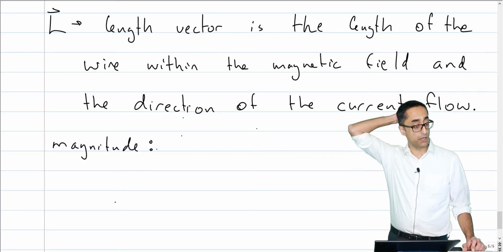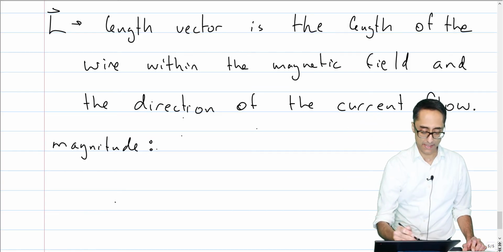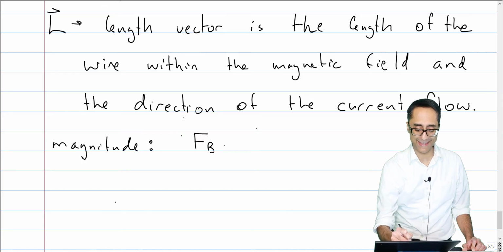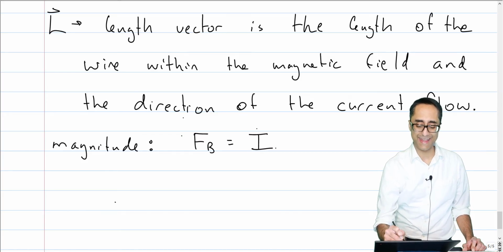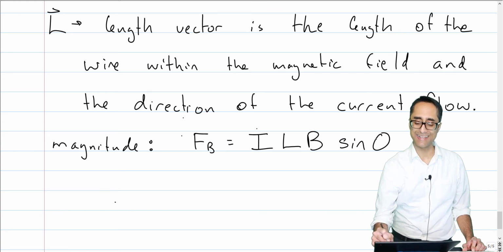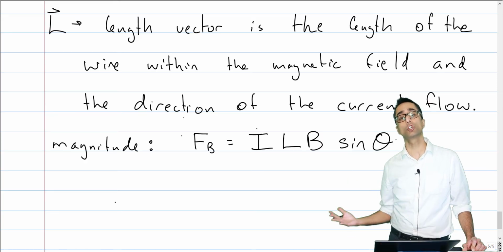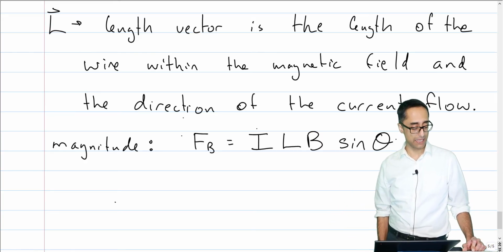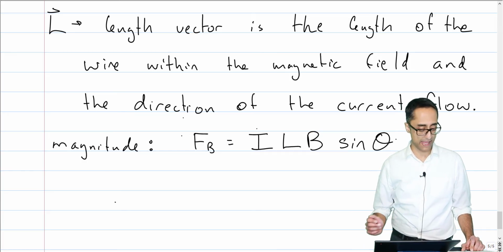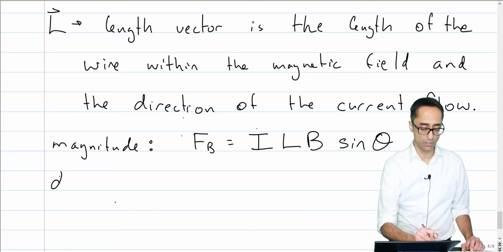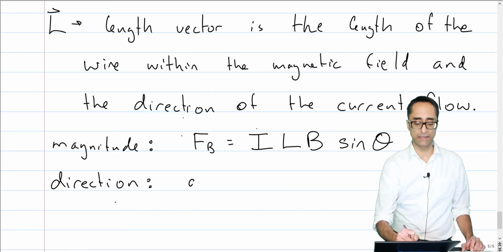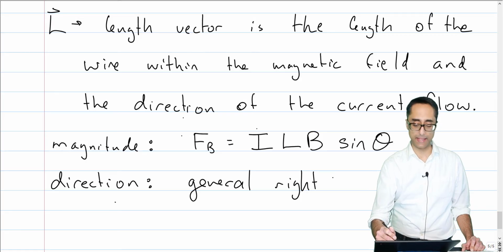So I've got a cross product of IL cross B, and to calculate the magnitude, I'm going to multiply I times L times B times the sine of the angle between the current direction and the magnetic field. And so we'll get some experience getting that angle and eventually getting that value, while the direction is once again given by our general right-hand rule. The general right-hand rule is just the one that's not Ampere's right-hand rule.